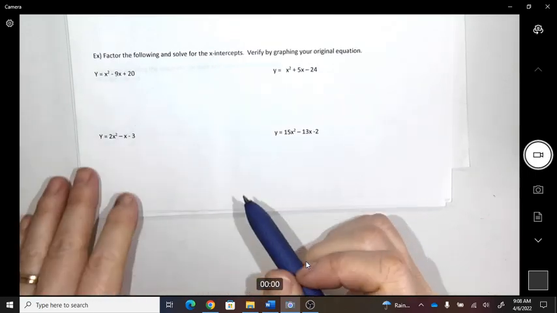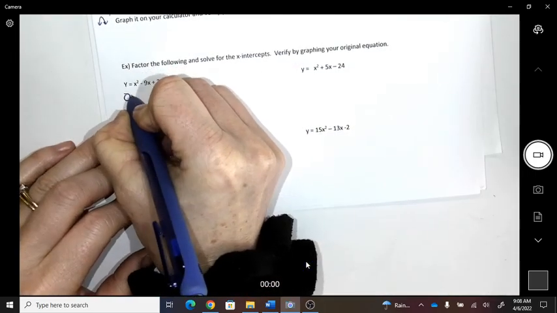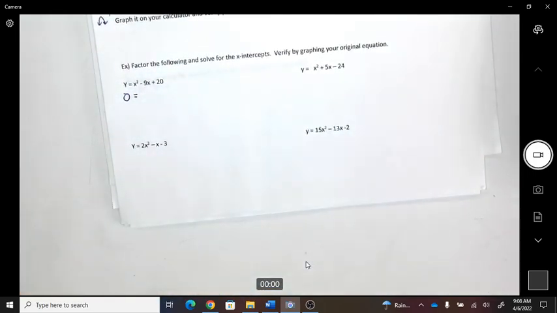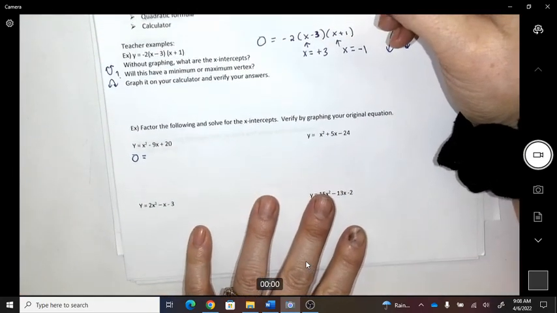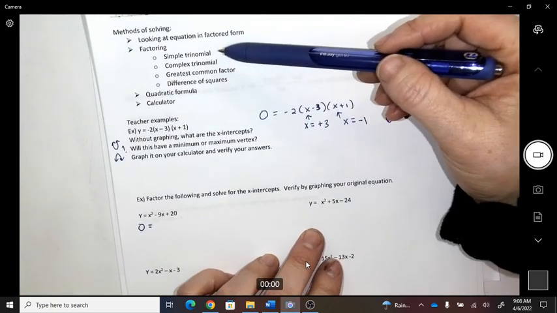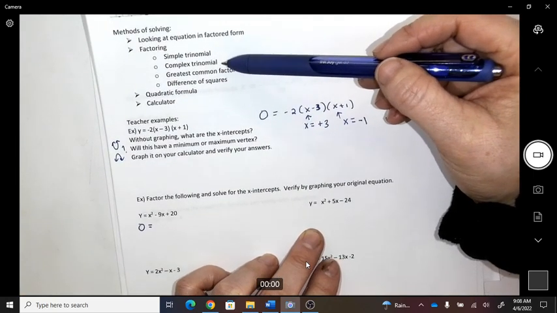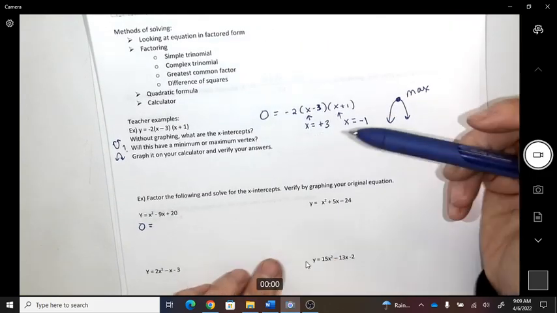First one. So my point is that I want to make that a 0. And I'm going to factor this. So I gave you the 4 styles here. Simple trinomial, complex trinomial, GCF, difference of squares.